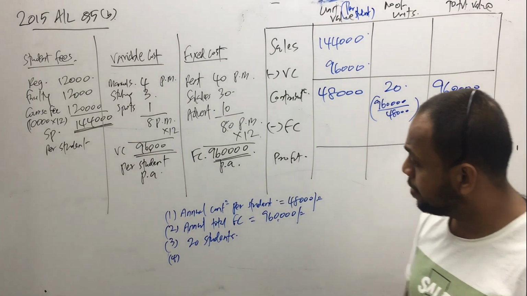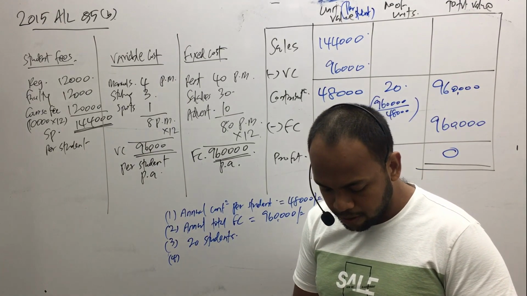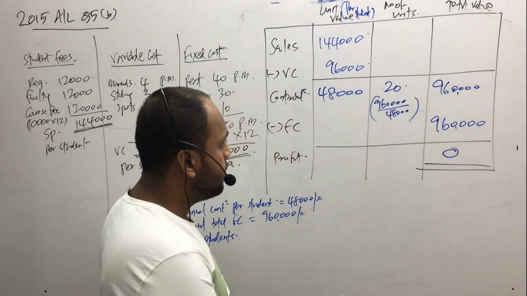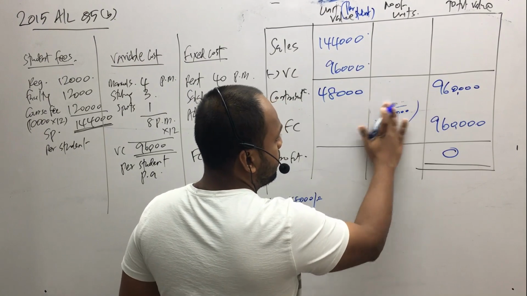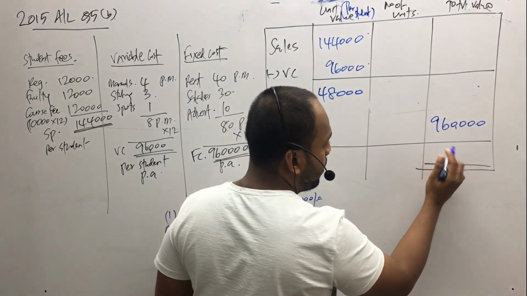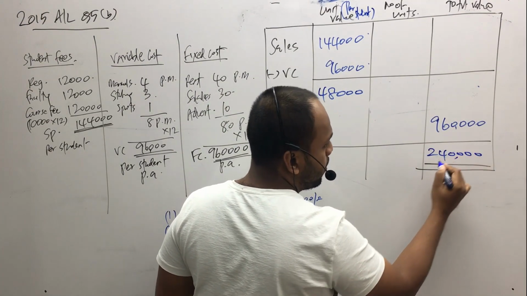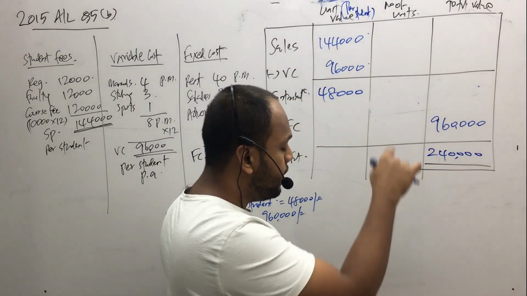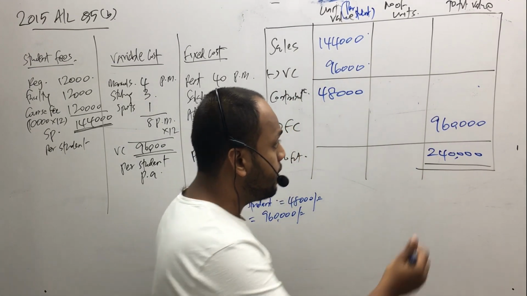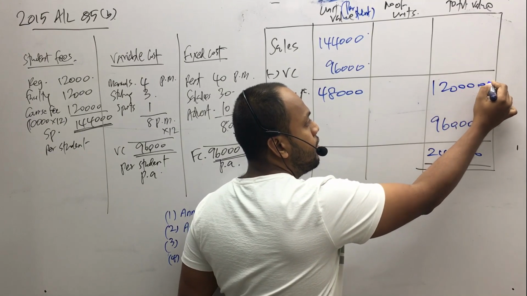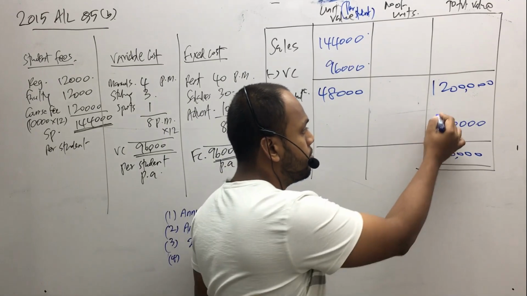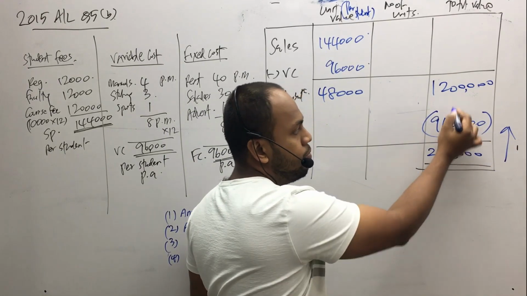Number 4. The number of students required to be admitted to earn a profit of 240,000. Right. Look at this. Now this won't change. Now we need 240,000 profit. To have 240,000 profit, we need a total contribution of 240 plus 960. We need 1,200,000, because if you are going upwards, this will be added.